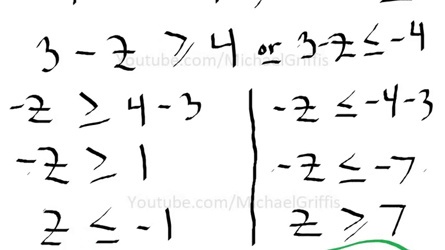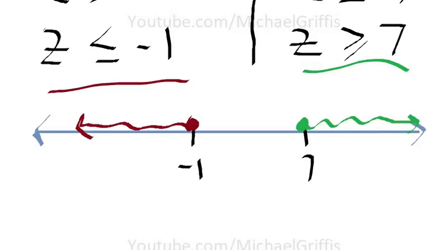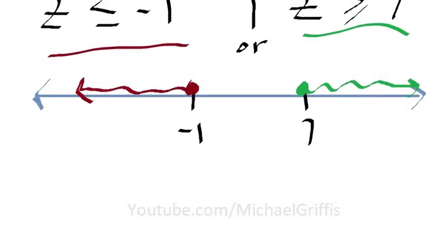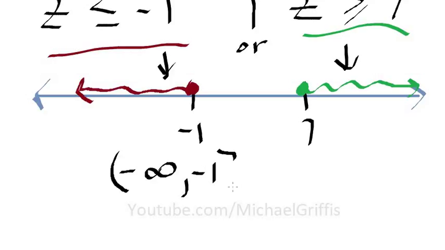Now, the key is this word "or". We're using the word "or", remember. "Or" means it could be either in this set or this set here. So let's go ahead and write this in interval notation. We're going from -infinity to -1. We use brackets because it's a filled-in circle and we include it.